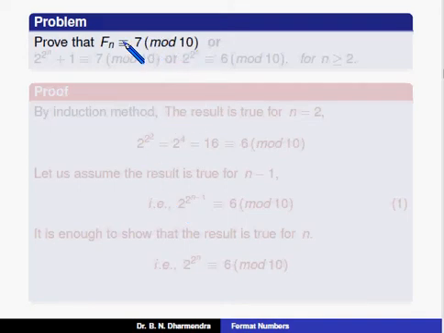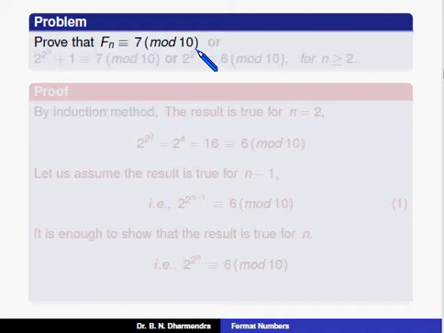Fn is congruent to 7 modulo 10. So when you observe, taking the value of n greater than or equal to 2, this value must be satisfied, because we know the value of F2 is 17, the value of F3 is 257, and F4 is 65537.